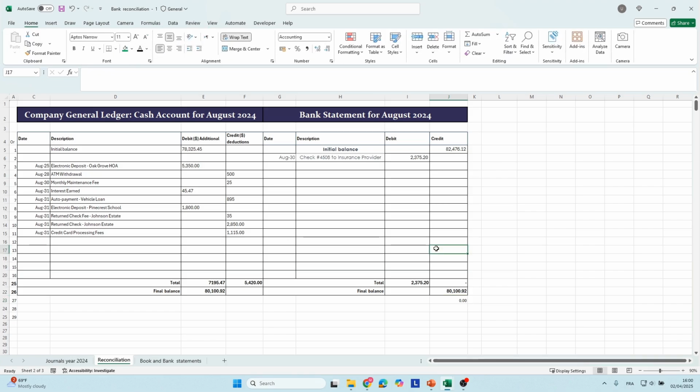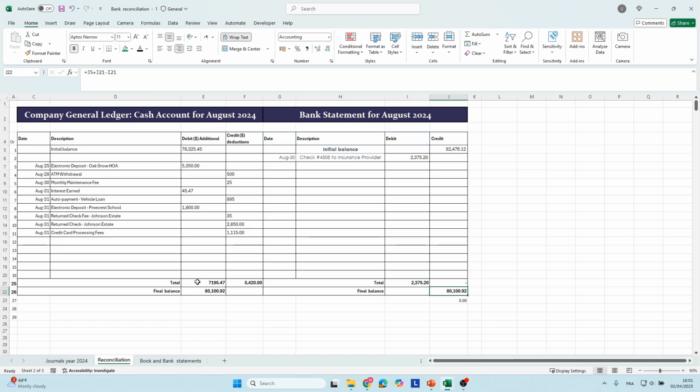So this is the first thing that we need to do for bank reconciliation. You see that this is the total addition, debit. Here we have total credit. Then we have the final balance, which is the initial balance plus total addition minus total deduction.